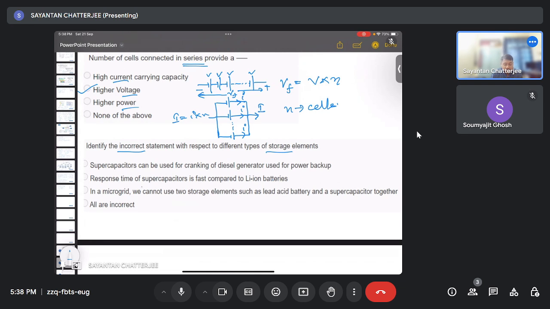Response time of supercapacitors is fast compared to lithium-ion batteries. In a microgrid, we cannot use two storage elements such as lead-acid battery and supercapacitor together. All are incorrect.